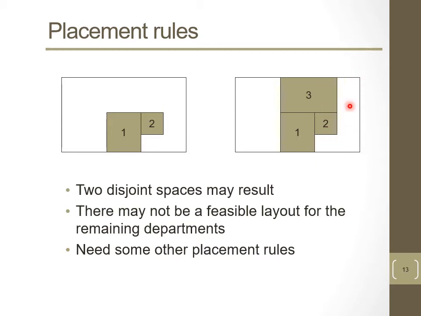So in total, when you add up the size of this area plus this area, it's okay to fit department 5 and 6, but alone, none of department 5 and 6 can fit into this area. Then if you divide your total area into such disjoint sets, it may not be feasible to end up with a layout design. Okay, so then we need some other placement rules.